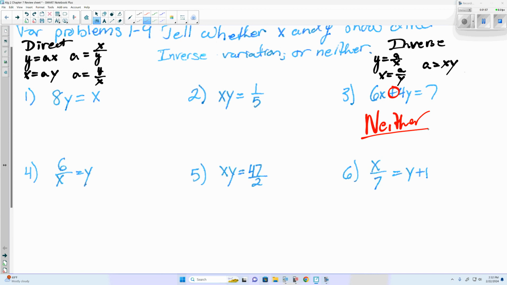Well, that makes one of the other ones kind of a dead giveaway, which is 6. It is neither. Because, again, we have addition. Addition or subtraction sign at all, when we're determining direct or inverse variation, it is automatically neither.